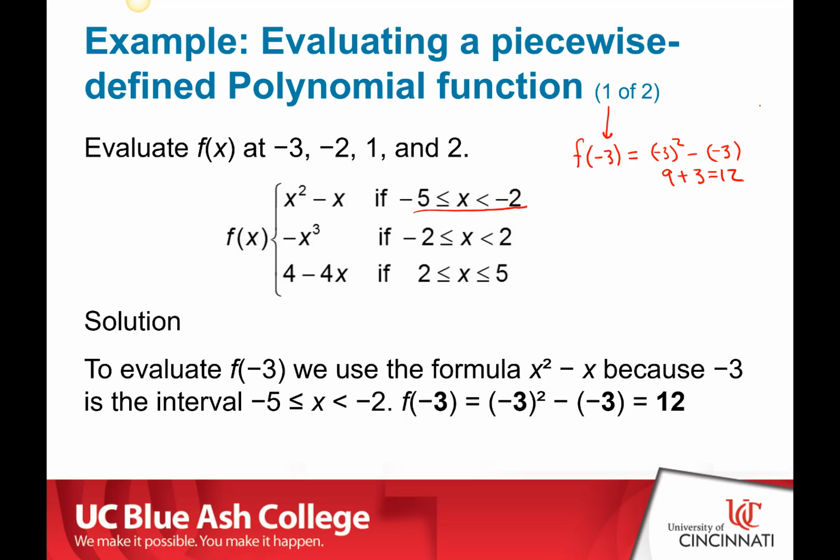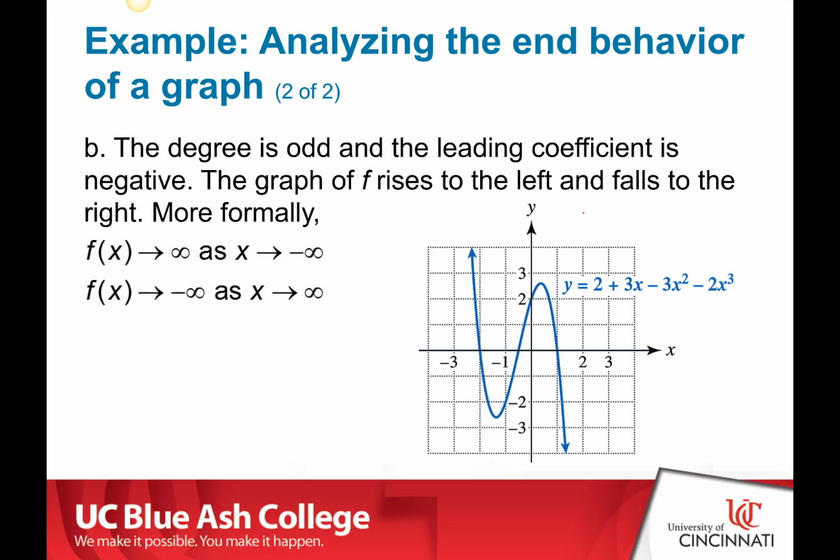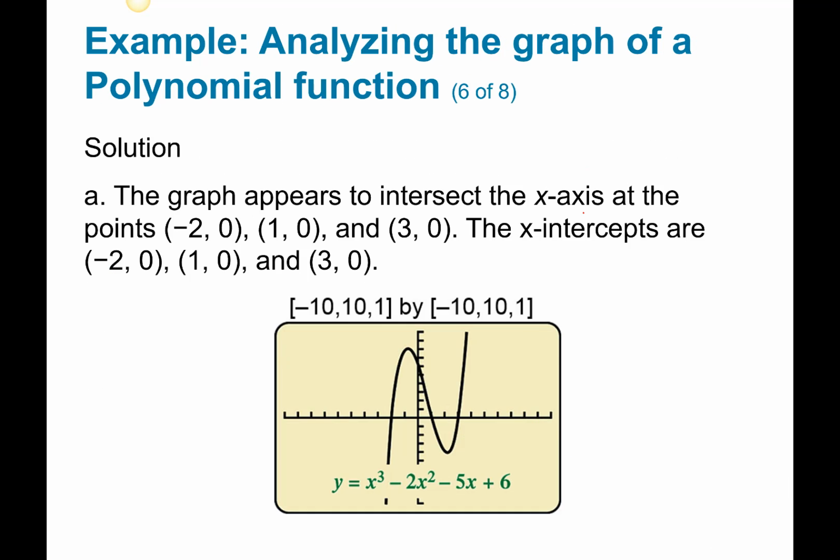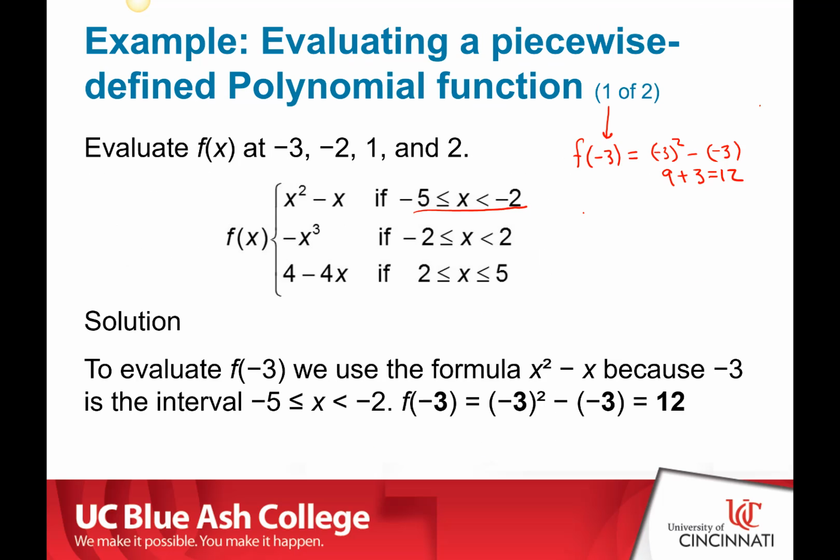If you have an x value in this range, what rule are you going to use for that? Zero is in the first, second, or third range?